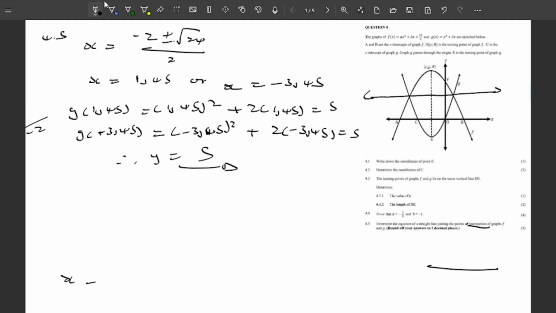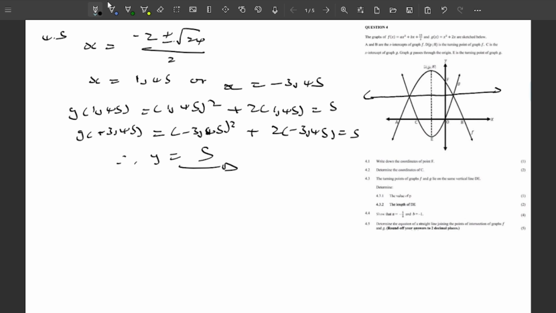Basically you're done. But since they said determine the equation of a straight line joining the two, you can find it, but I would recommend we just leave it here because we found the two values of the intersection.